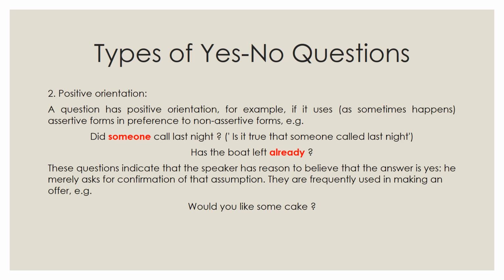So the waiter is asking because he already knows that you are here to eat. But he needs you to confirm this for him by saying only what? Yes. Is it clear? In this way, the questions that we are using are called positive orientation yes/no questions.